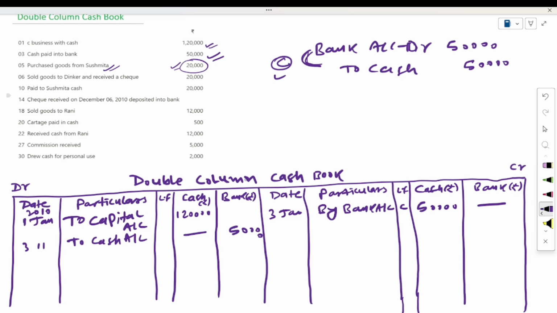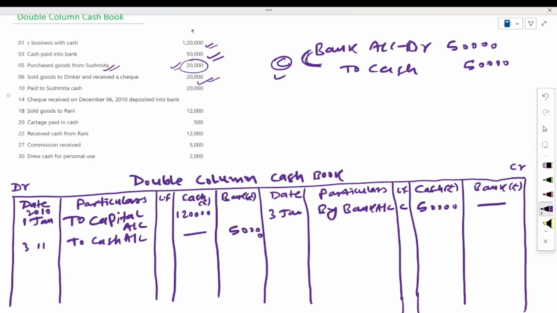Next, sold goods to Dinker and received a check of 20,000. In the previous video, we have already discussed the concept of a check. Here you are selling goods and receiving a check. In all these transactions, you have to check whether this check has been deposited into the bank or not. If nothing is mentioned, it will be assumed that your check has already been deposited into the bank.